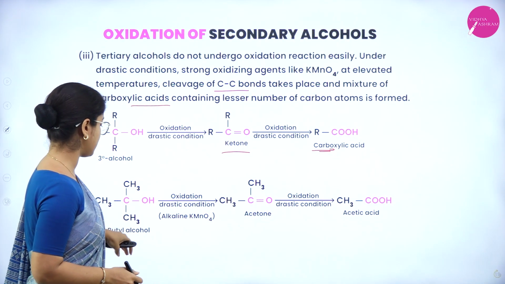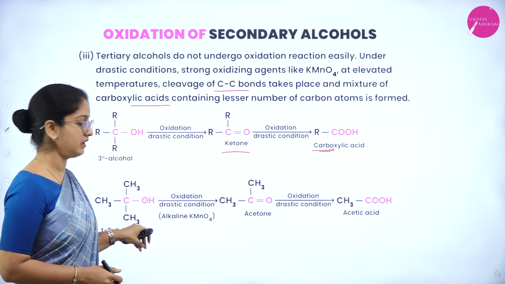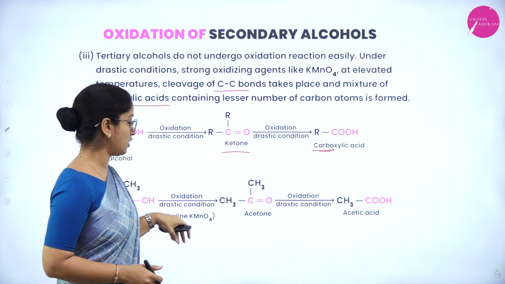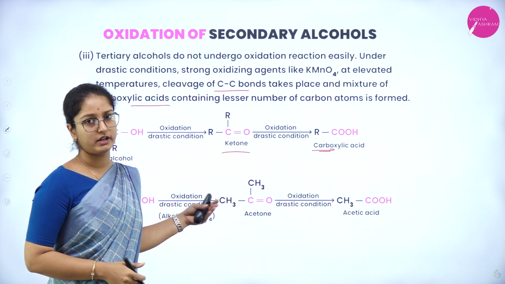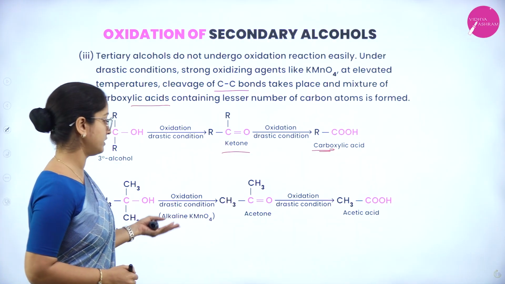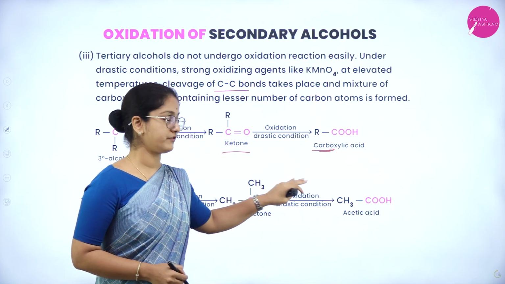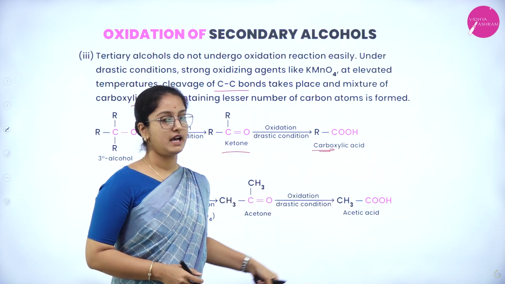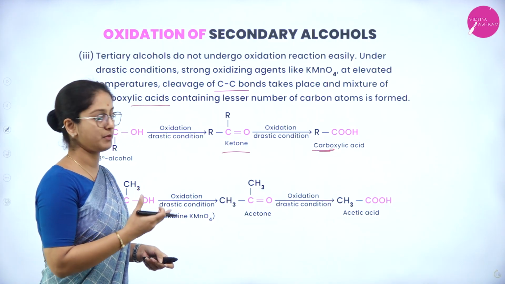For example, tertiary butyl alcohol on oxidation in the presence of alkaline KMnO4 produces acetone, and on further oxidation gives acetic acid, a carboxylic acid.